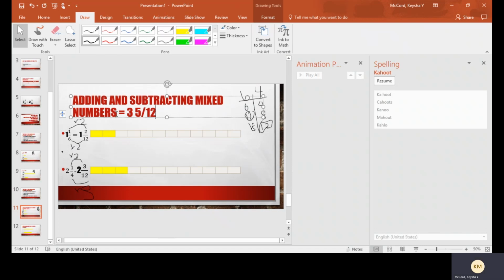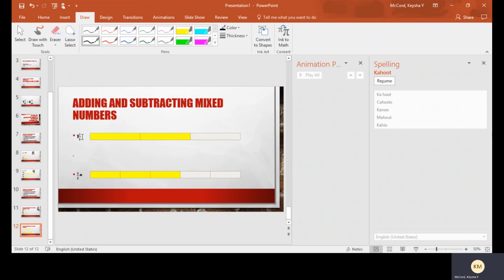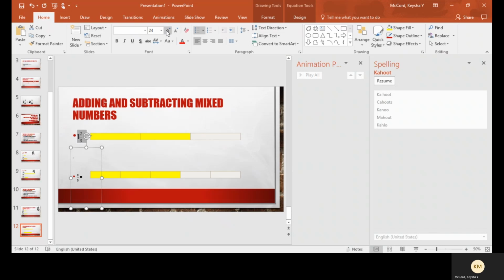Okay? Let's do some subtraction and then we'll be done. I need to make this way bigger because I can't read that. And make this also way bigger because I can't see anything. Okay.